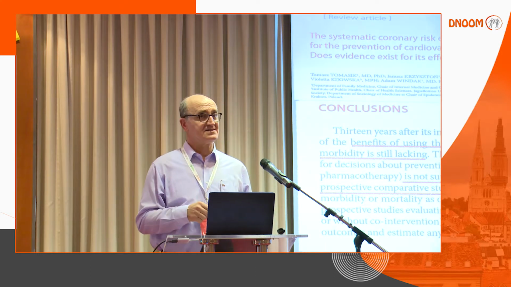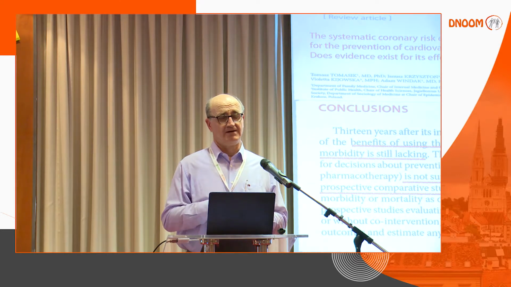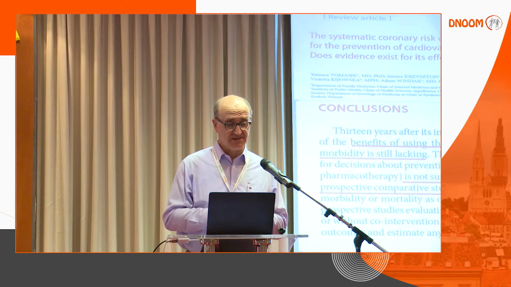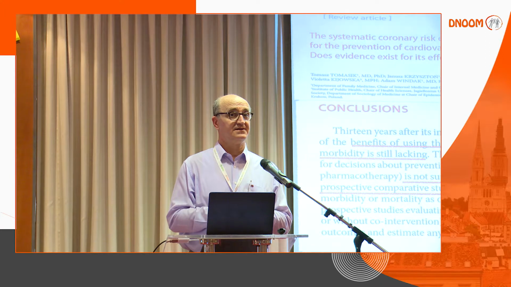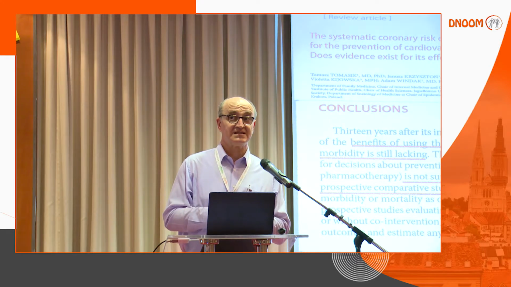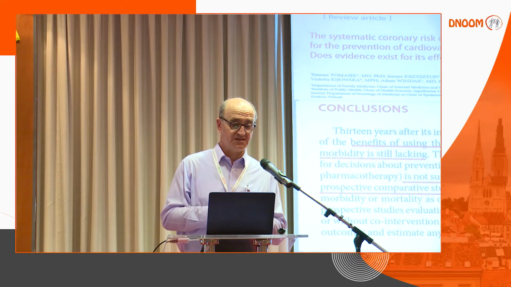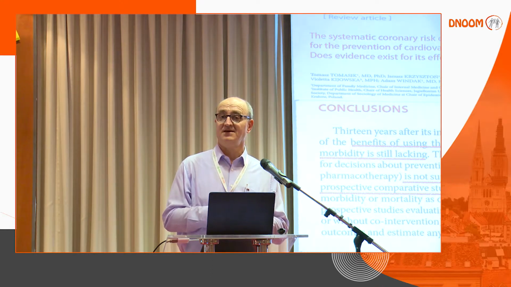And another study was done last year, which concludes that the score chart that we have been using very frequently in the last about 20 years was not checked by any systematic review or meta-analysis to see if it is working or not.